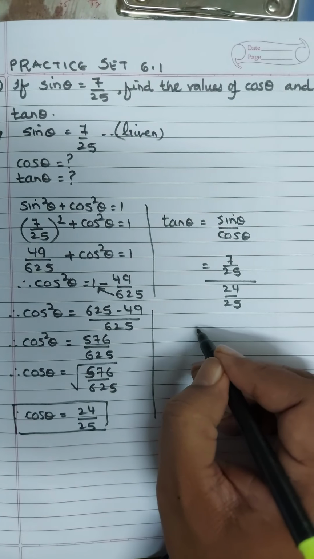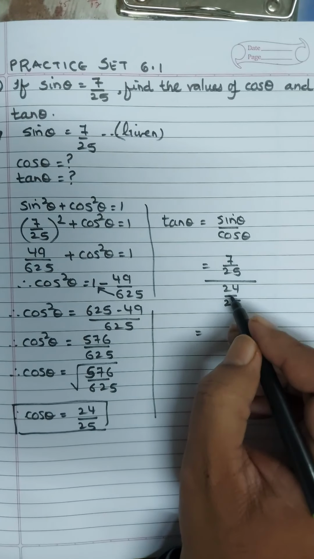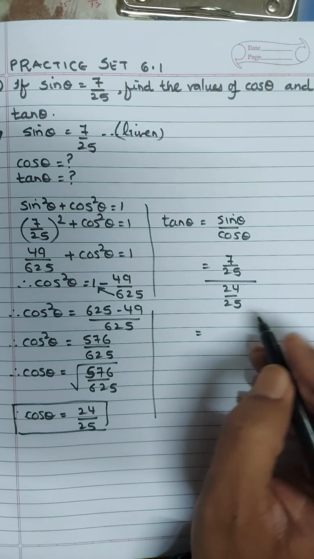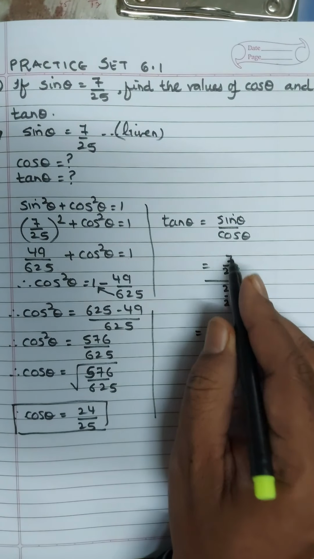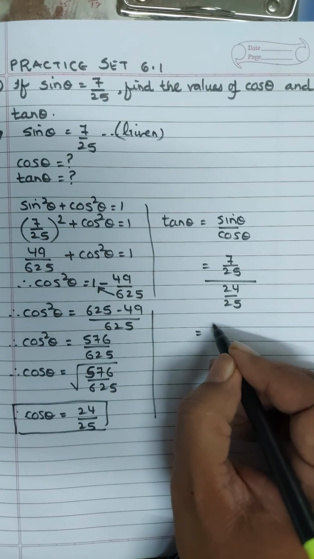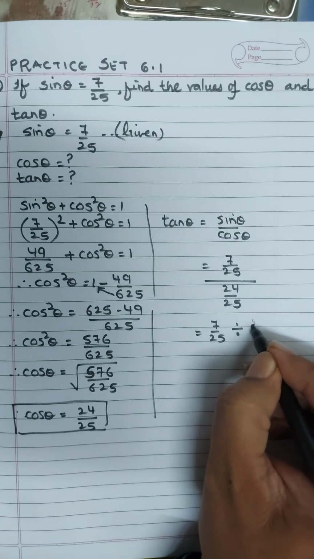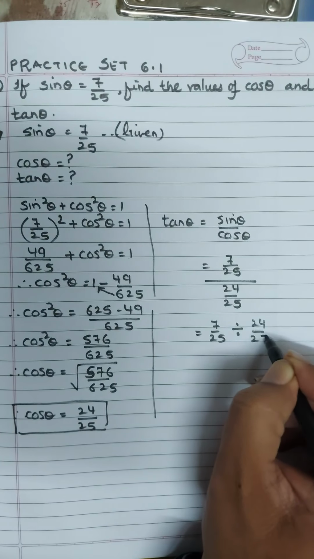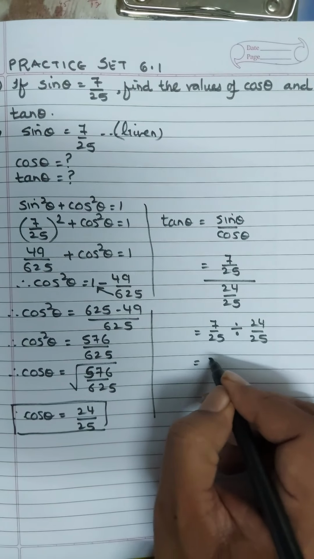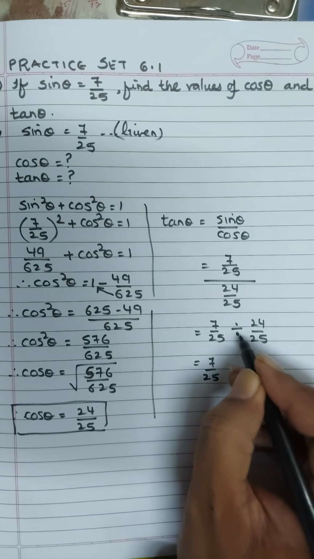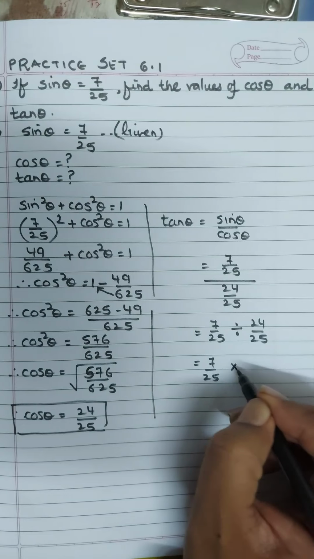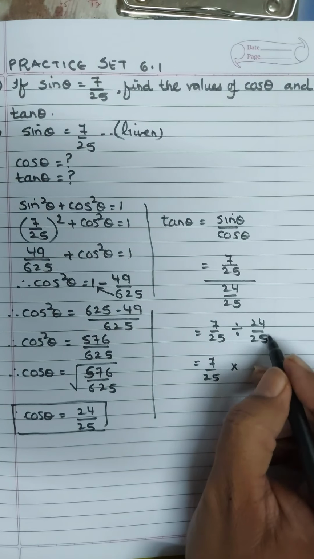Students, if you see here, both are fractions. So what we have to do is separate it by putting the divide sign: 7 upon 25 divided by 24 upon 25. The divide sign becomes multiply in the next step, and the second fraction goes into its reciprocal.